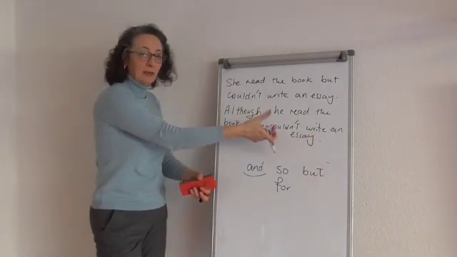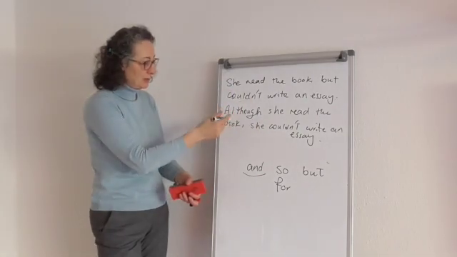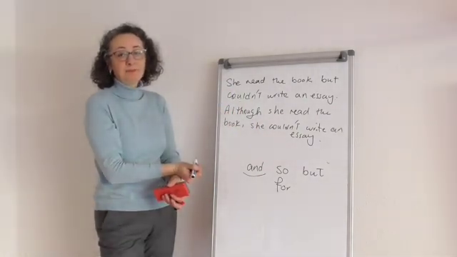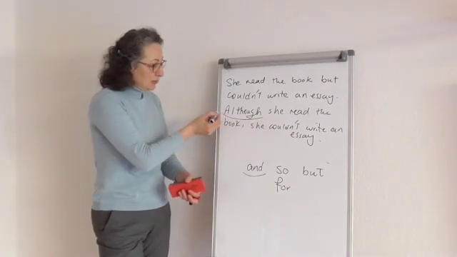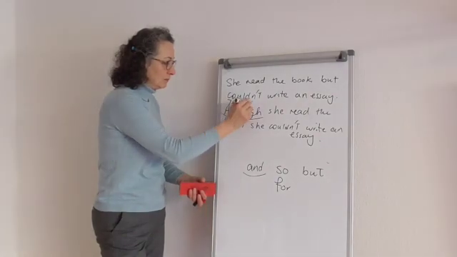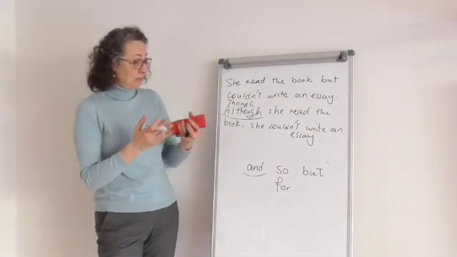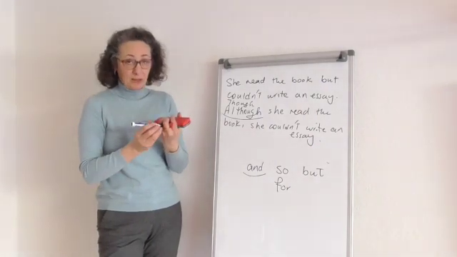Again, you can reverse and start with "she couldn't write an essay although she read the book" and forget about the comma. Instead of "although," you can use another word. You can say "though," you can say "even though," all these things.